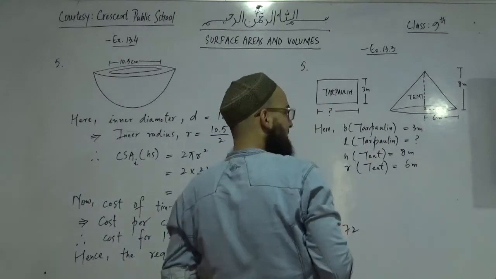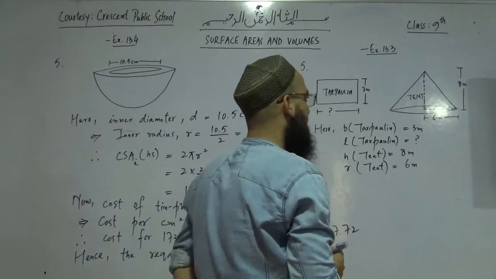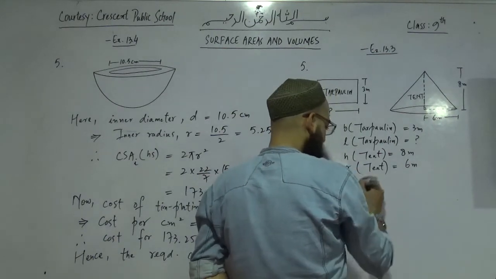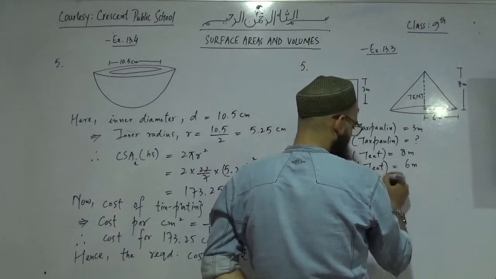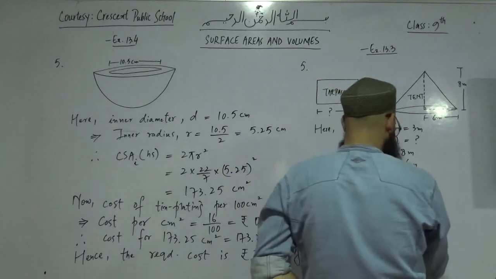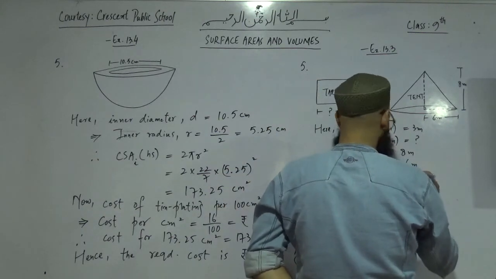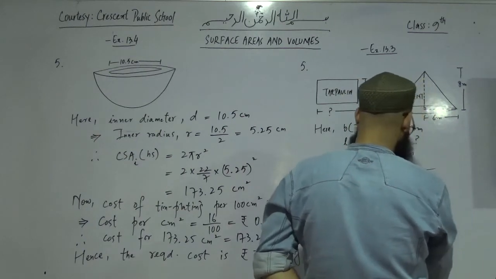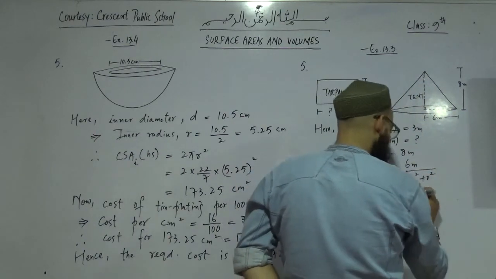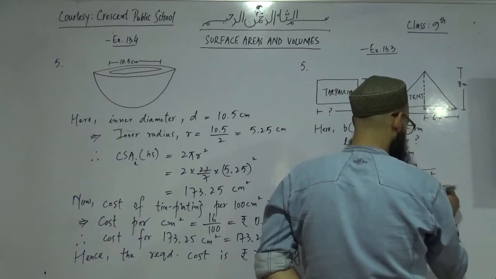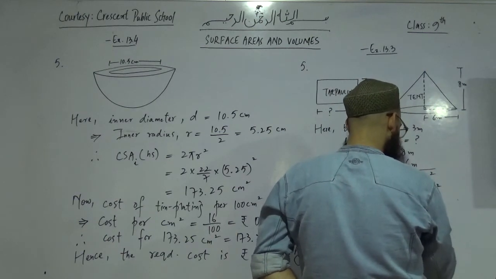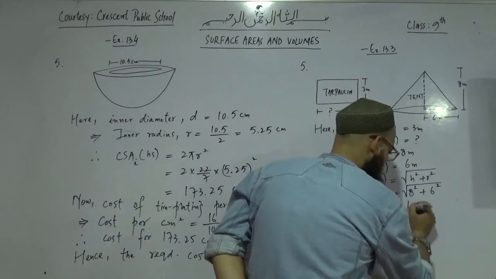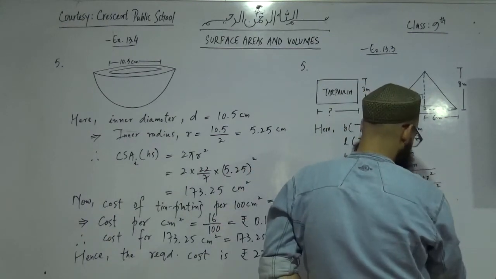Now let us find the slant height of this tent. Let's say it's L dash. Slant height of tent will be equal to square root of h square plus r square, that is 8 square plus 6 square, that is 64 plus 36, that's 100, and that will give you 10 meter.